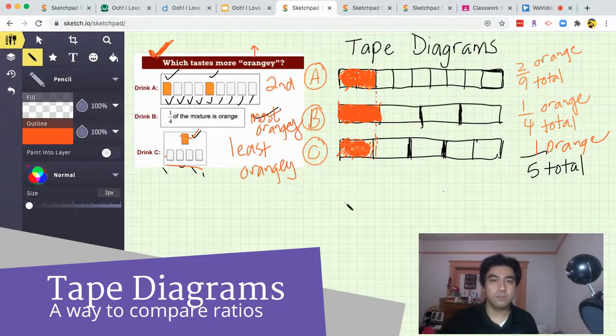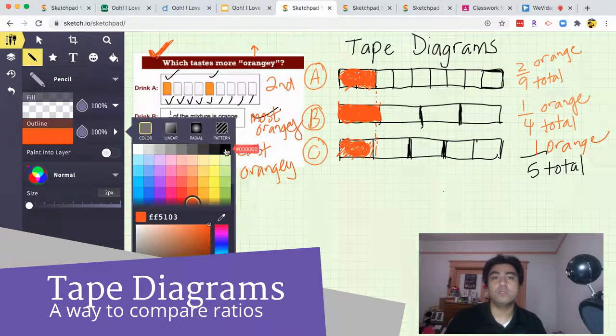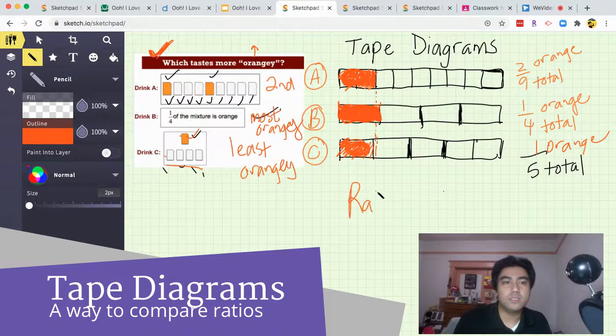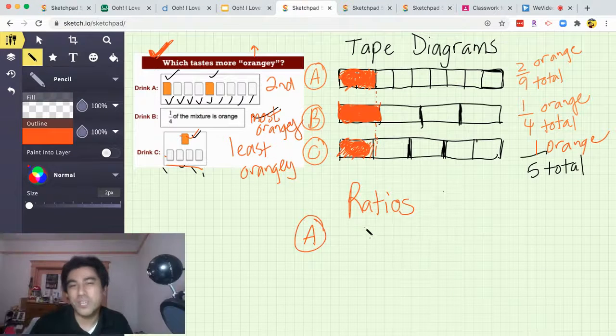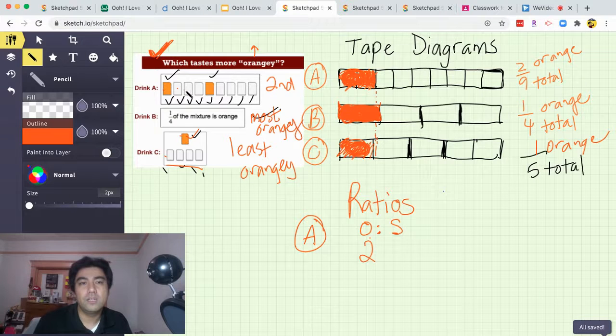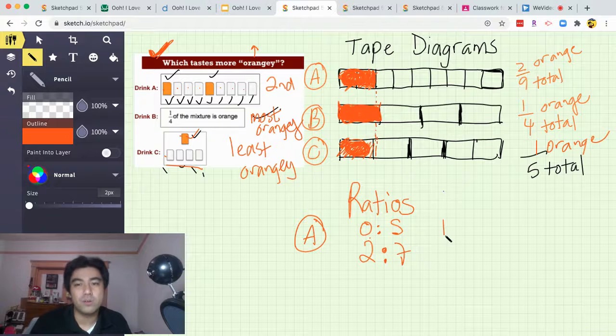Okay? Speaking of ratios, you might decide that the ratios look like the following. Okay? Now there's 2 different ways to write ratios here, but if you were to compare the orange to the soda, you might say that in drink A, there's 2 parts orange and 1, 2, 3, 4, 5, 6, 7 parts soda. So this is 2 for every 7.